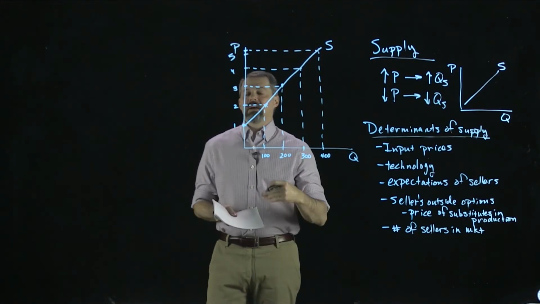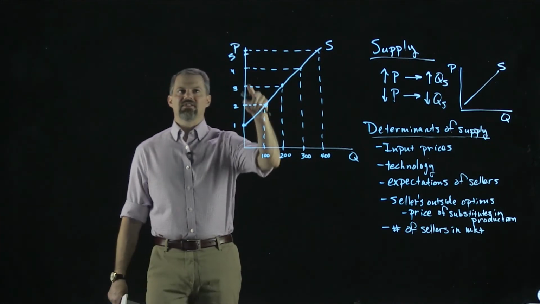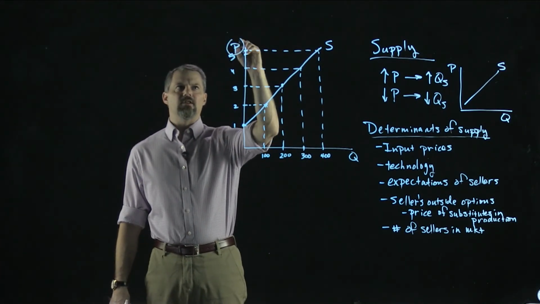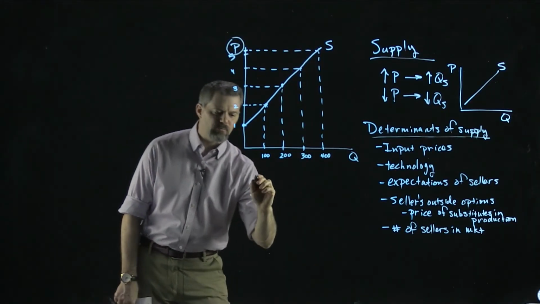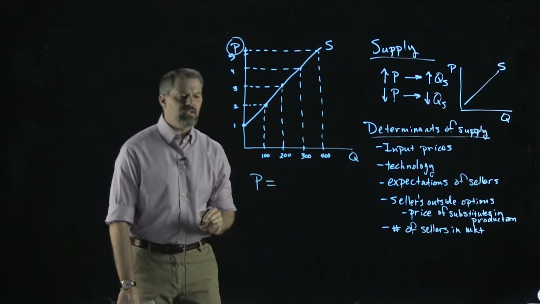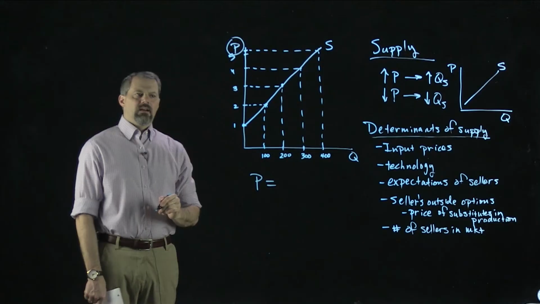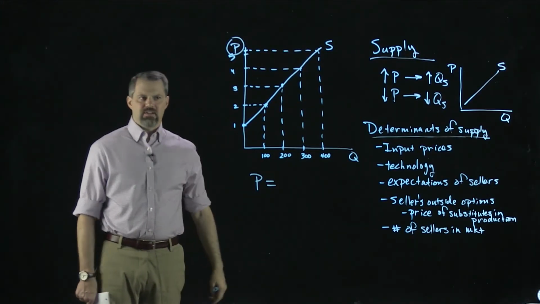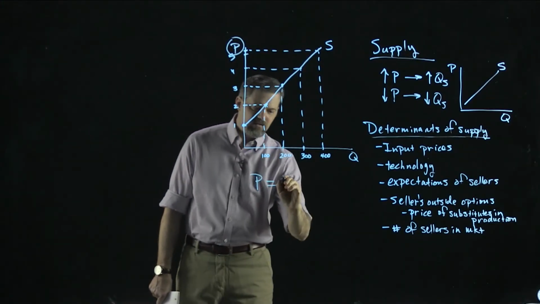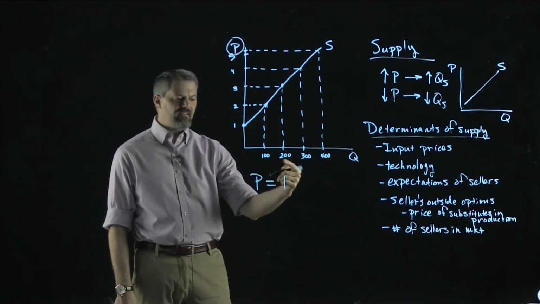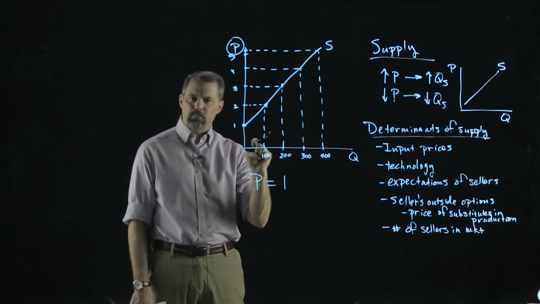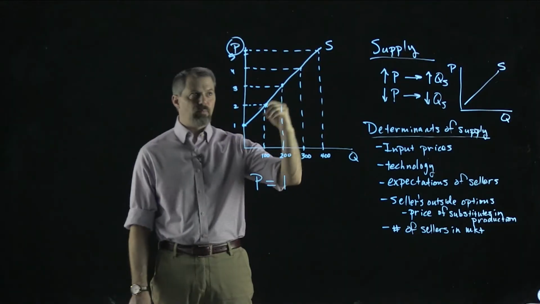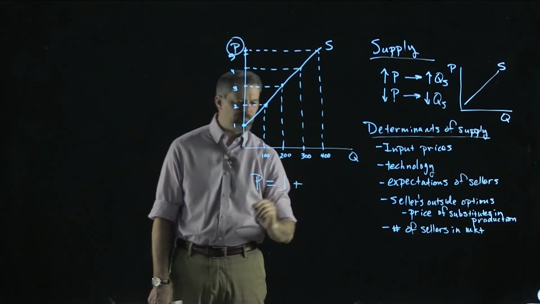Let's start by thinking about the functional form of this. Now we've got P up here on our vertical axis, so when we write the function, we're going to start with P. P equals, I'm going to start with my intercept this time. My intercept is 1, and then I'm going to have plus the slope multiplied by Q. Now this is positively sloped, so I know it's going to be plus.